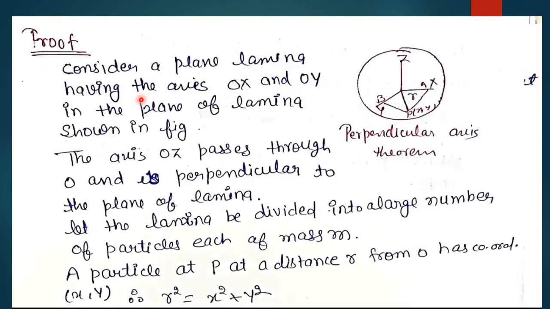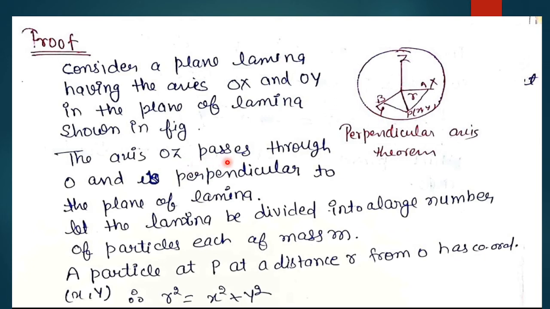Now we will prove this theorem. Let me consider a plane lamina having the axes OX, OY in the plane of the lamina, as shown in the figure. Here is the point O. This is OX, OY, and this is OZ.